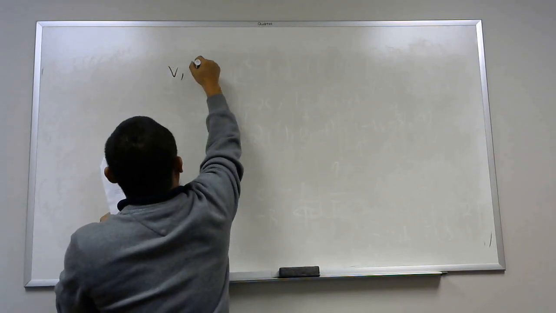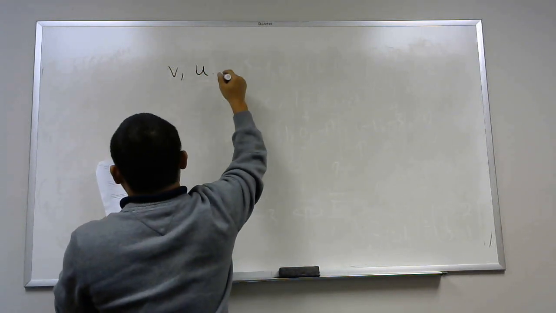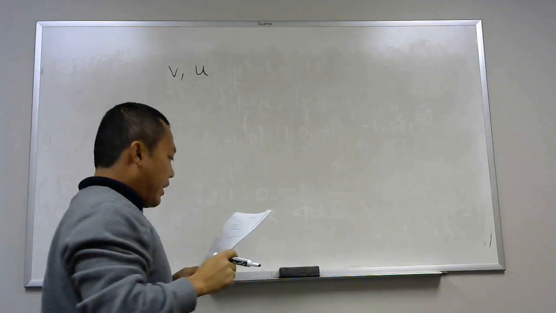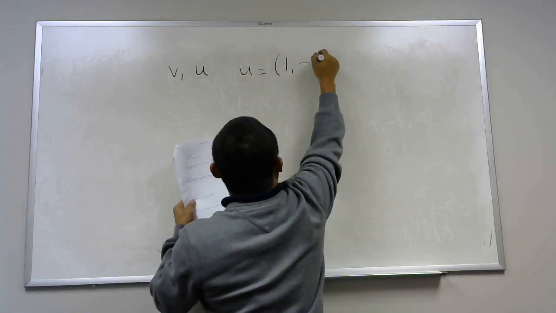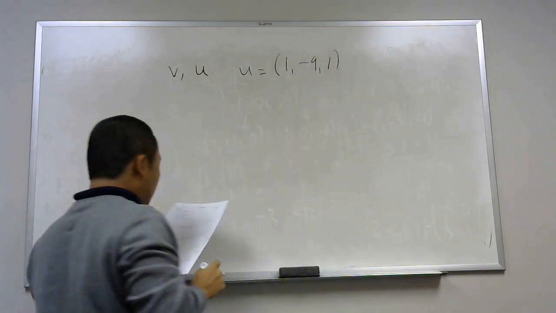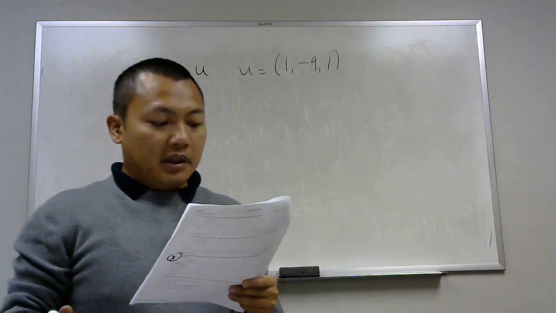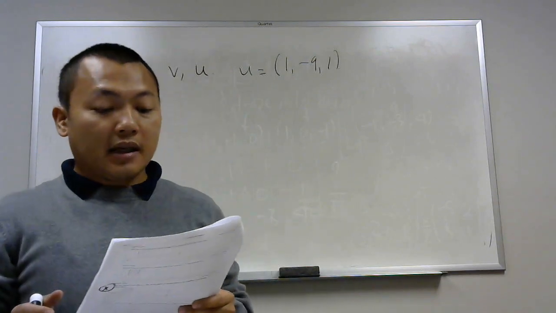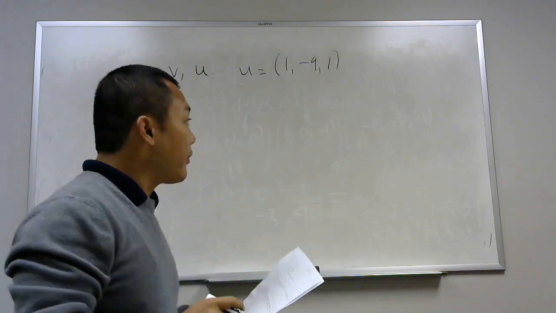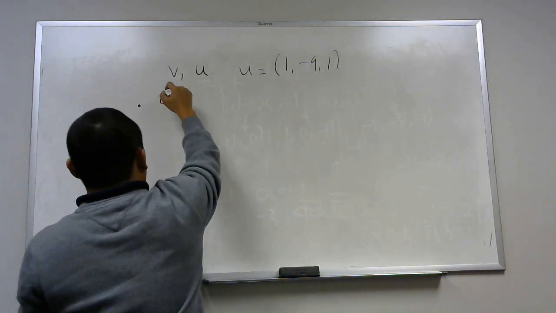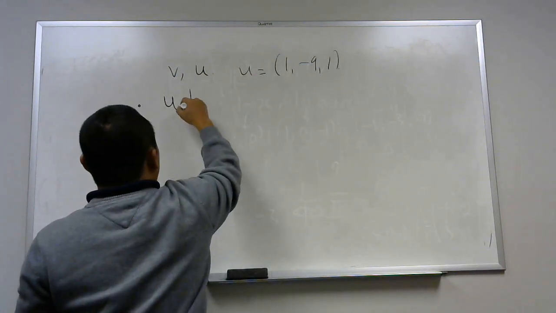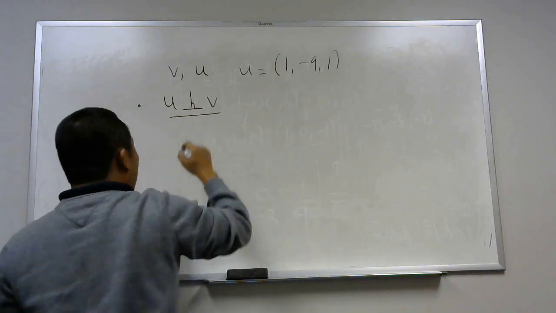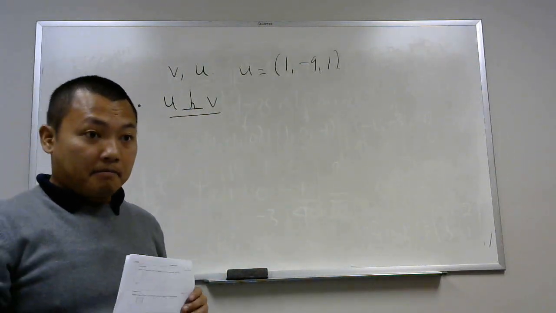We have vectors v and u, where u is (1, -9, 1), and we have to determine all vectors v that are orthogonal to u. From this question, we can imagine that we are moving to inner product space, right?